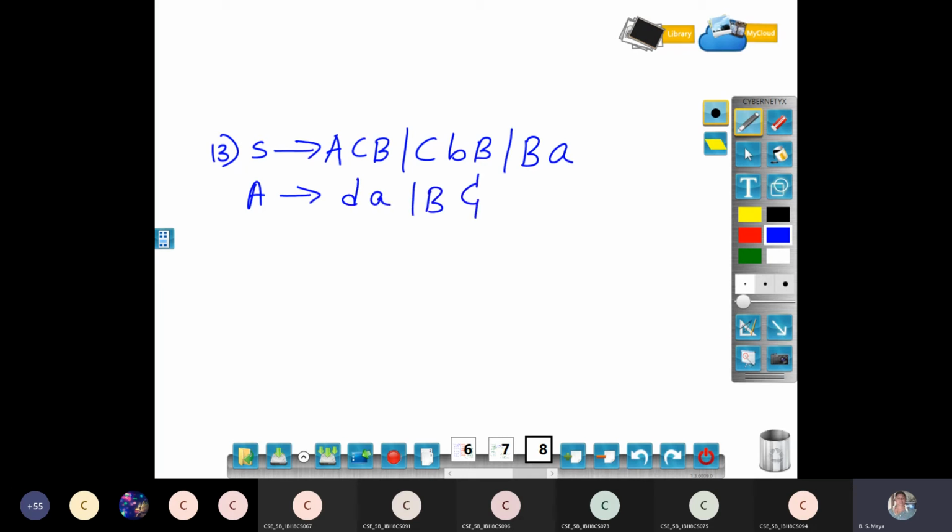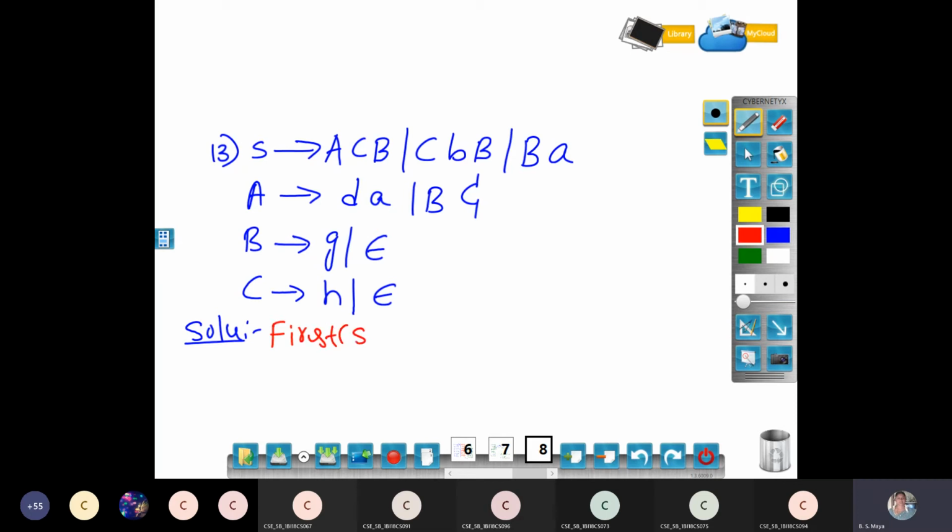And I told you to do it in your classwork. See, what is the first of S? How to find out first of S? First of S is capital A.